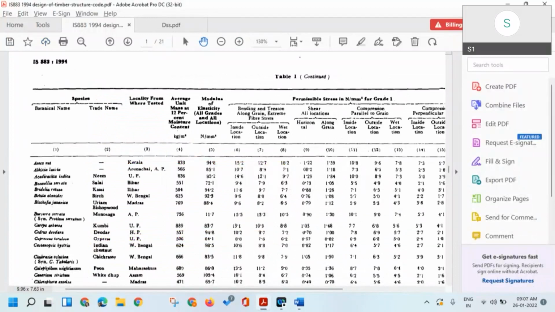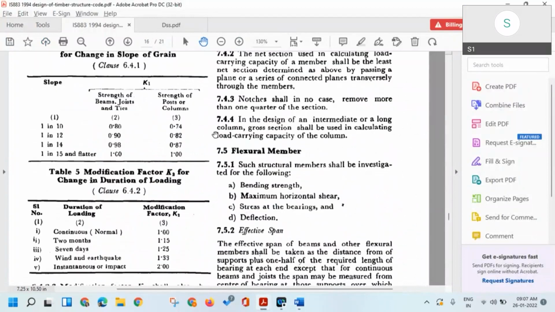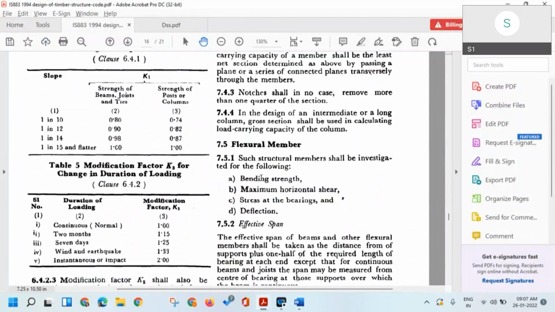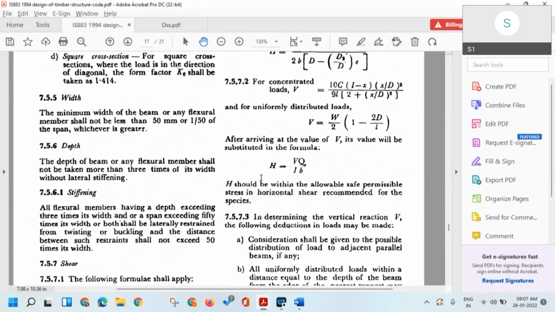So we have to move to the 7.5 clause, which is entirely for the design of flexural members or the beam members. 7.5.5 gives an idea about how to start with the width of the beam, and 7.5.6 about depth. Regarding the width, it is said that the minimum width of the beam or any flexural member shall not be less than 50 mm or L by 50, whichever is greater. So we have to calculate L by 50 first.